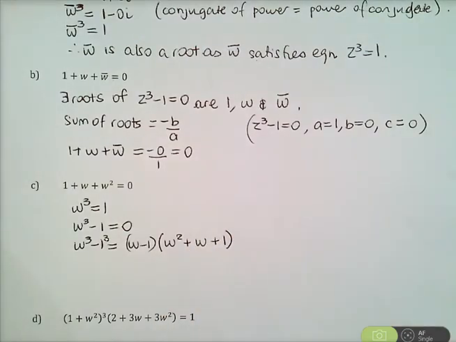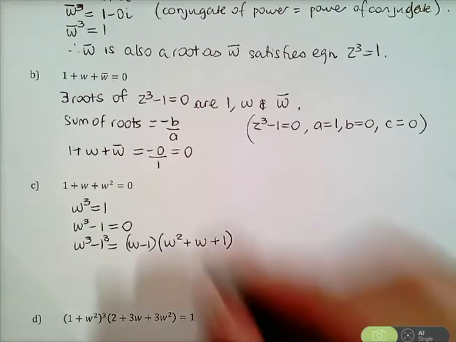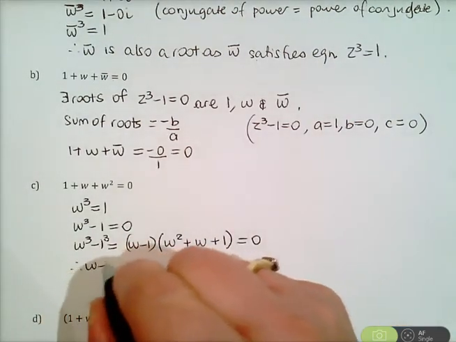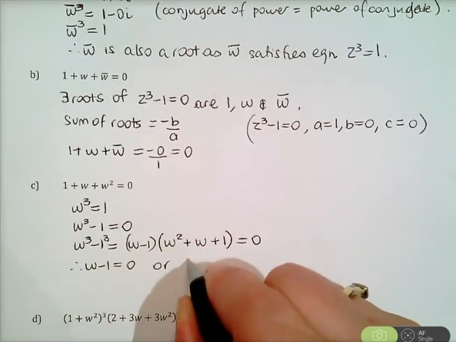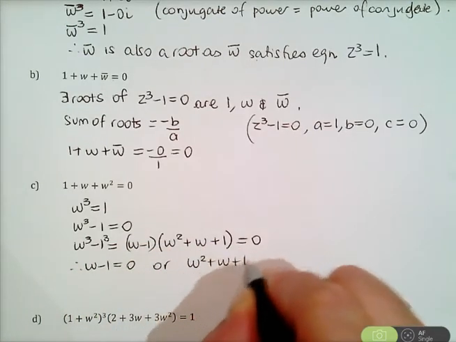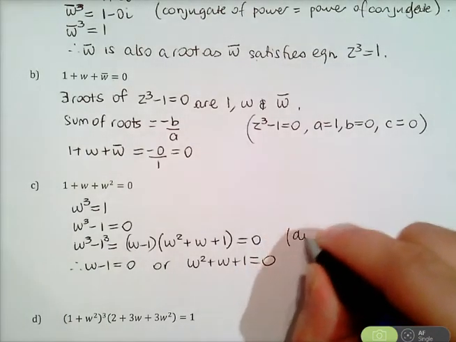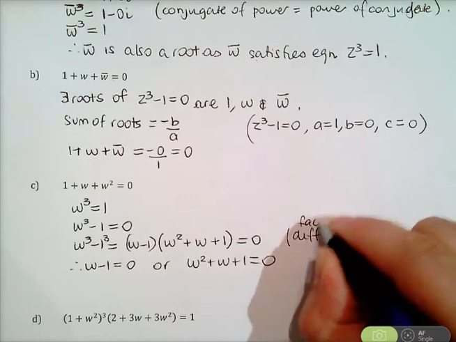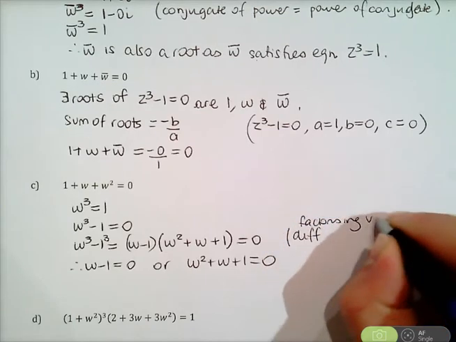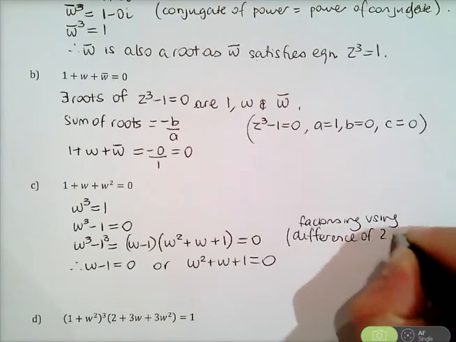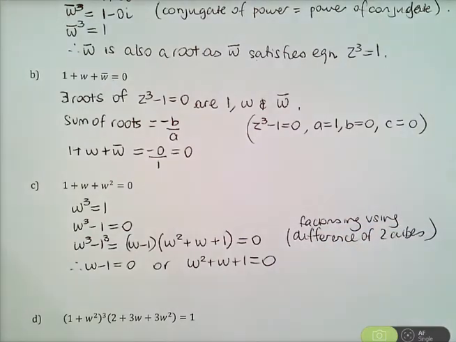Now, if that is equal to 0, we can say that w minus 1 equals 0, or w squared plus w plus 1 equals 0. Of course, this is factorising using the difference of two cubes, and therefore we've proven our result there.